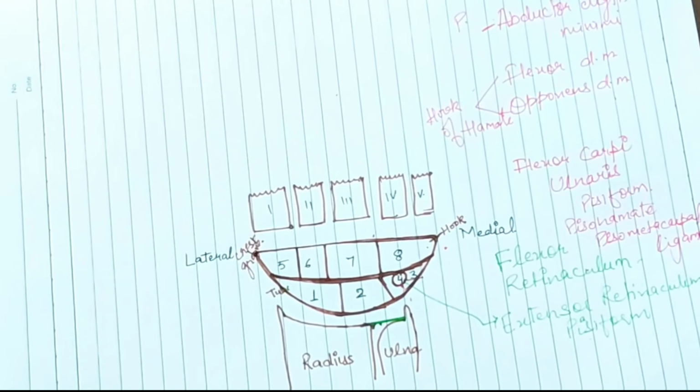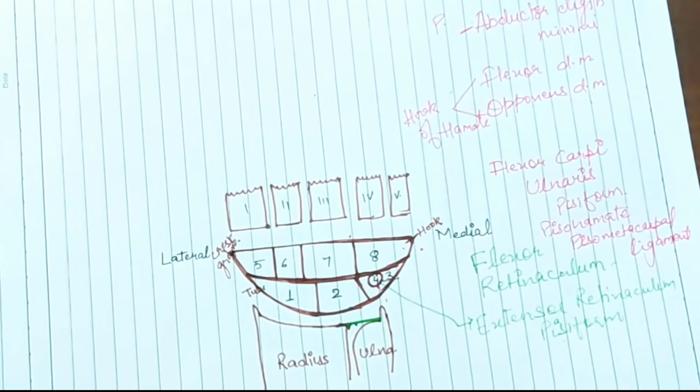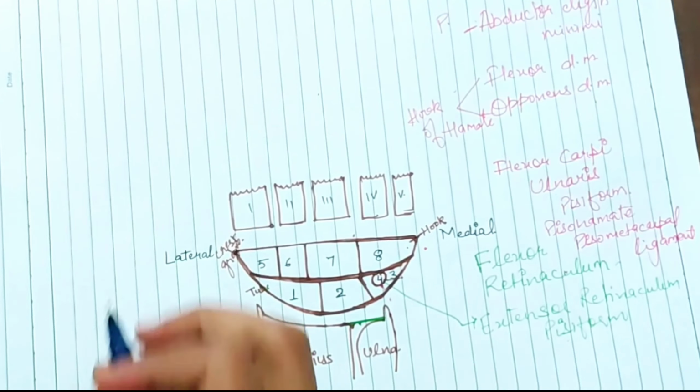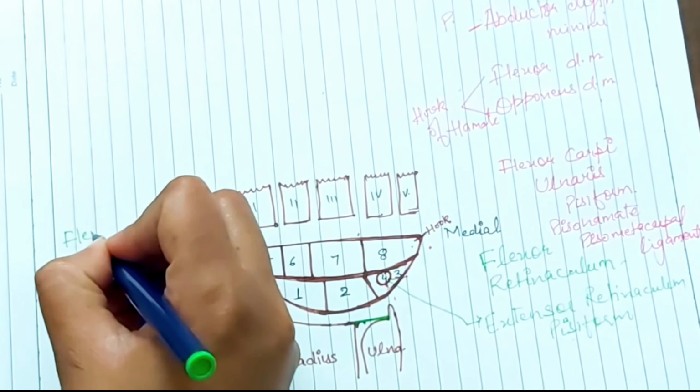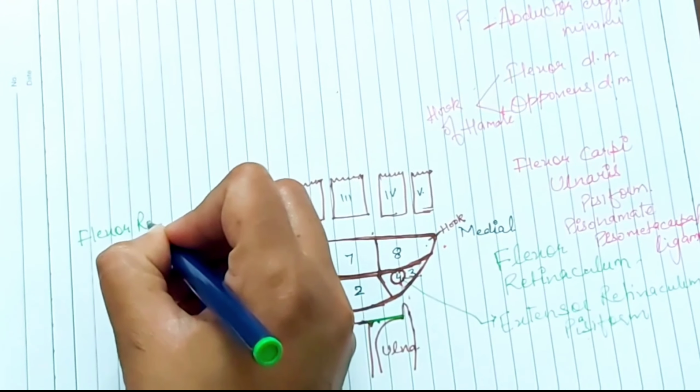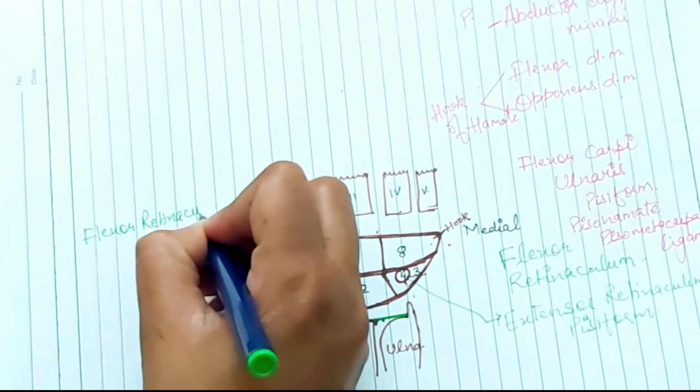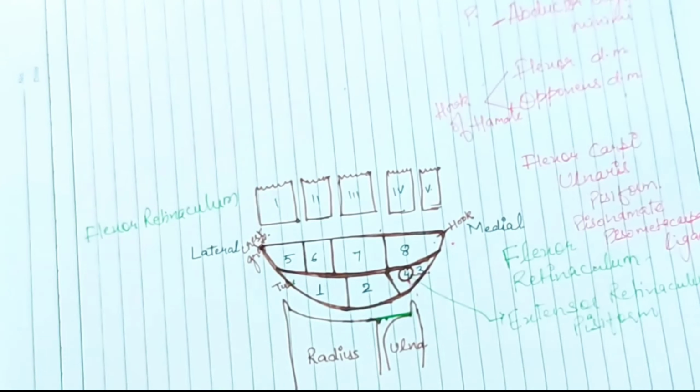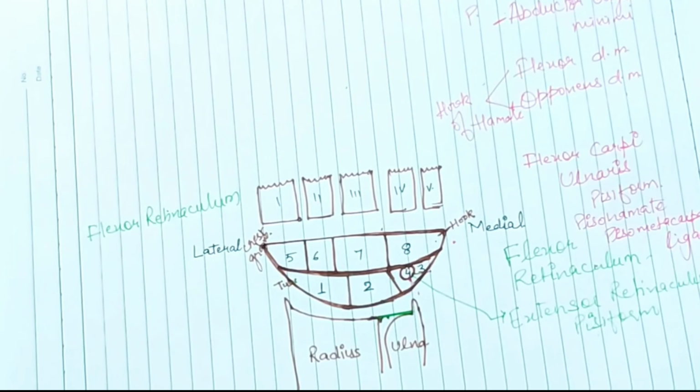Coming to the lateral pillars, again the flexor retinaculum attaches onto both pillars. Then this side is the thumb side, the thenar eminence.